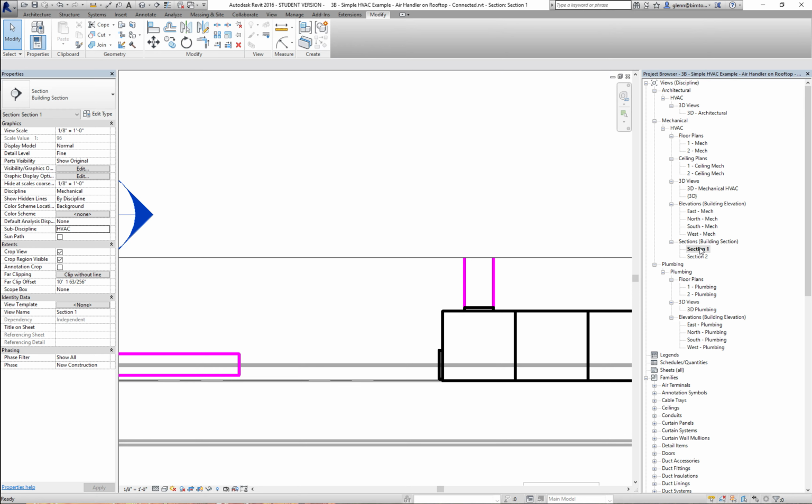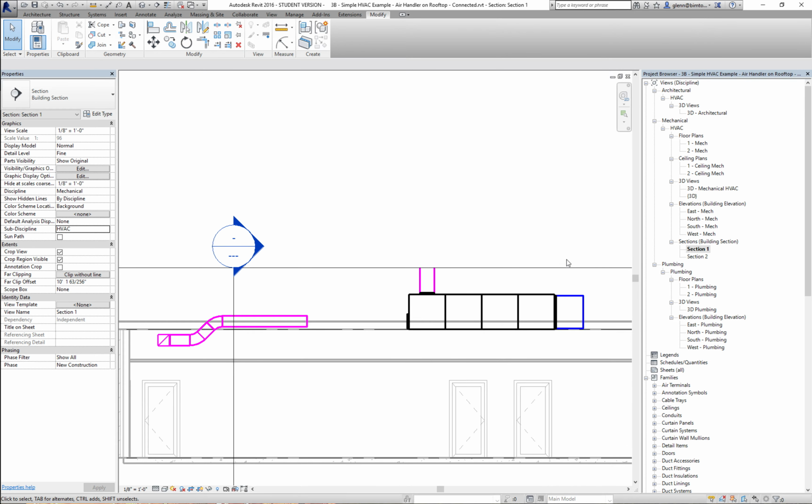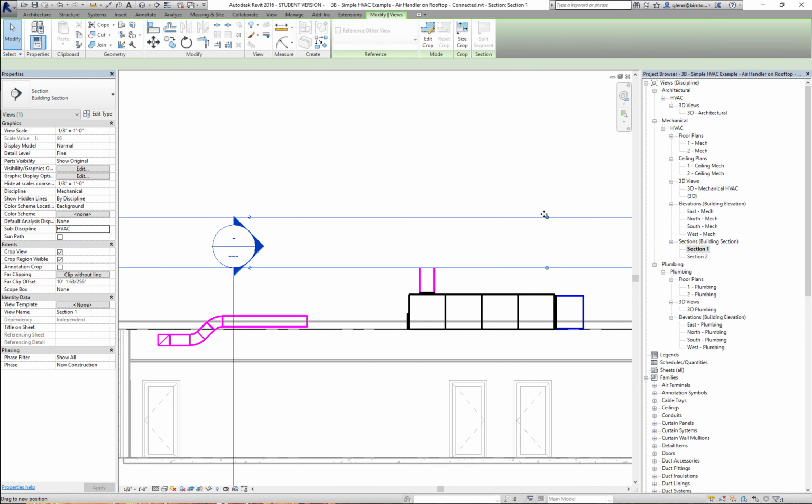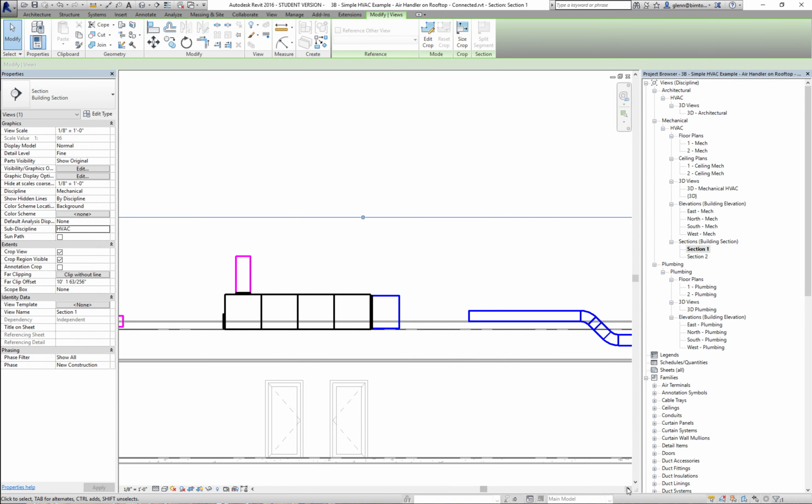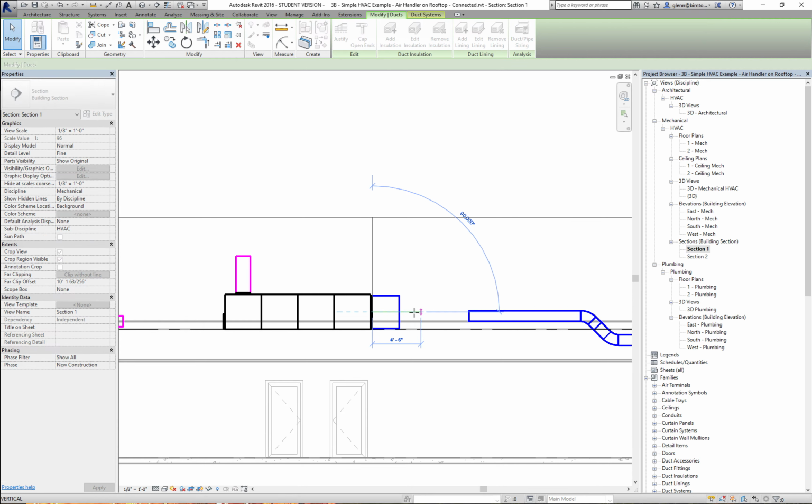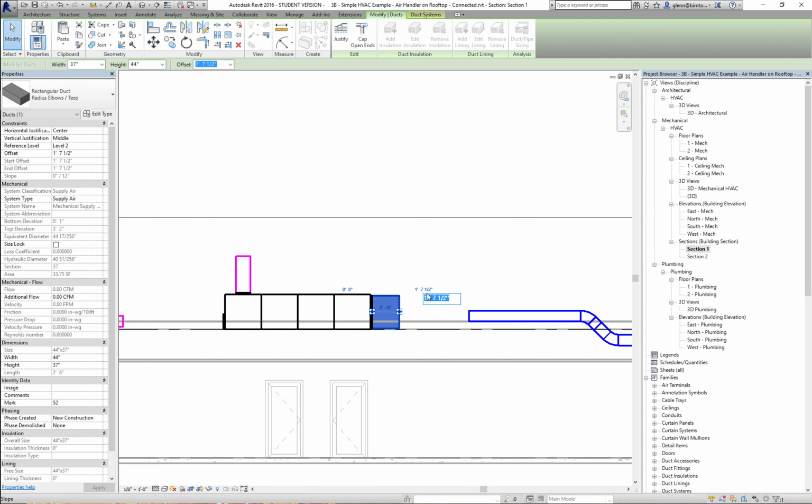So I did it in the plan view. I could just as easily do it here in the section view. Come on over. It doesn't really matter whether you bring one to the other, but this is a little interesting. In this view, it's actually a little bit harder because they're not aligned up and down at the same location.